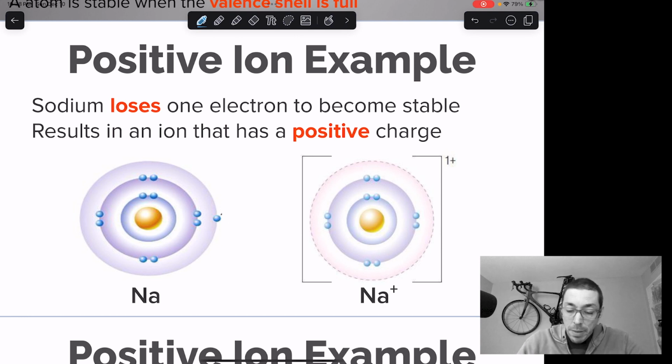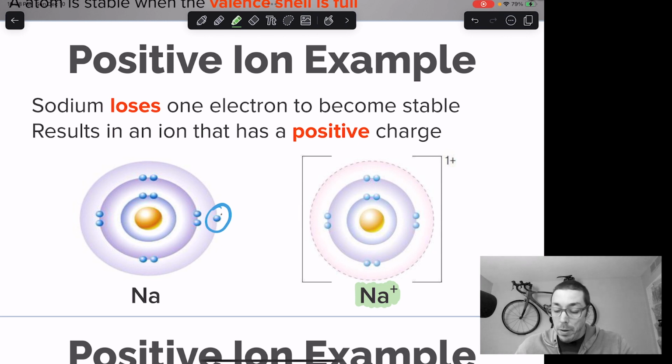So if that electron right there gets taken away by something else, sodium's able to lose it, then it's going to lose one negative charge, right? One electron is one negative charge. And so it turns into sodium plus, has a +1 charge. It's now an ion. And so we write a square bracket anytime we're drawing diagrams of atoms that have become ions.